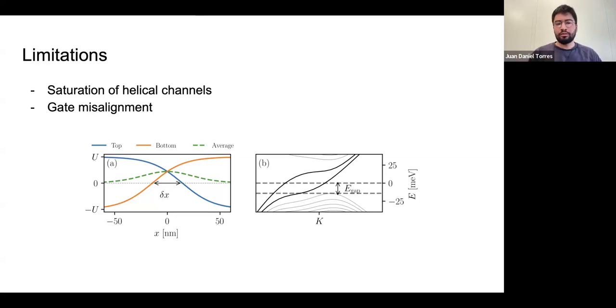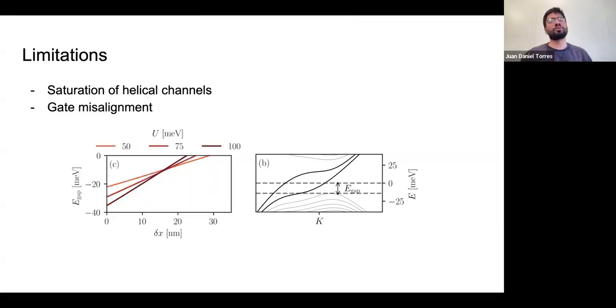So here I show how the displacement field on the top and on the bottom layer looks for a given misalignment, which I call delta X, and in green I show the average potential. If we increase the misalignment, we modify these channels, and now some normal states start to come inside of the gap given by the displacement field, and at some point this gap will close, and you will have normal states conducting along with your chiral states, and that is detrimental for the transport.